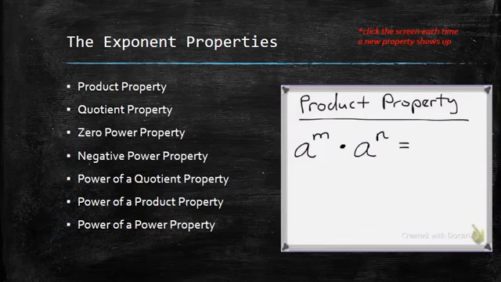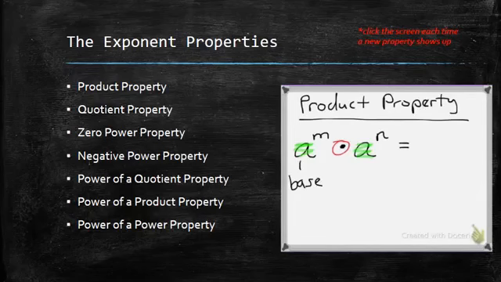So first we're going to look at the product property. The product property tells us that when we multiply common bases, we add the exponents. So first we have to look at what the base is. Our base is a. This represents any base. So let's call it out, our base. That's when the bases are the same.